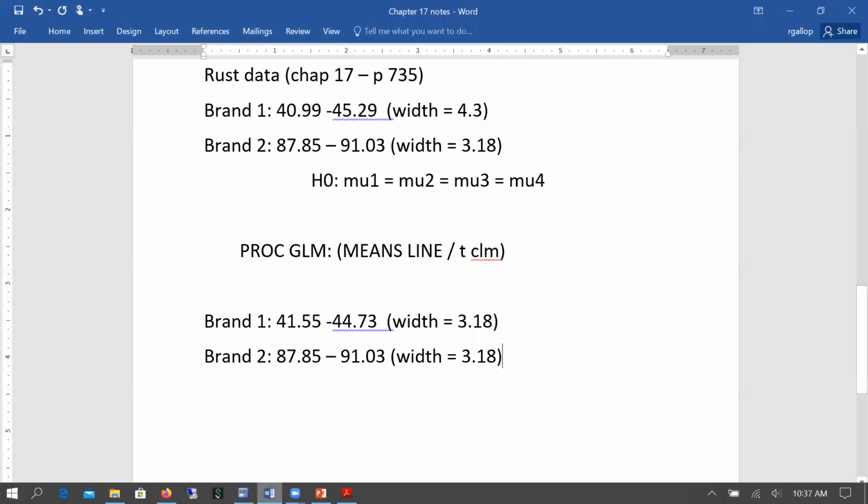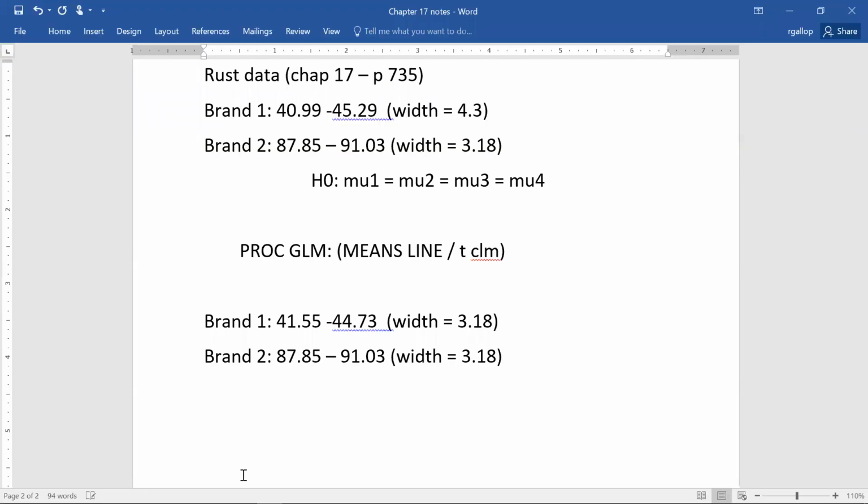Adding this in, brand 3, lower bound 66.36, upper bound 69.54, its width is also 3.18.